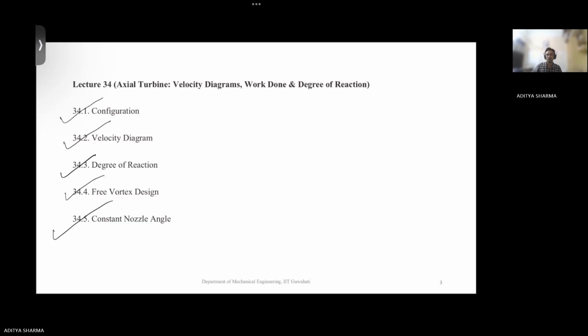In our last lecture, we have seen why we use free vortex design. We had assumed that there is a radial equilibrium. In radial direction, there is no flow. We discussed this for our axial flow compressors in the previous week's content. Here we are talking about turbines, but free vortex design means the same thing.